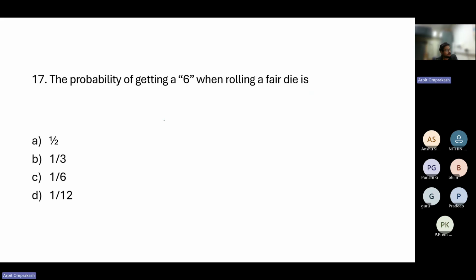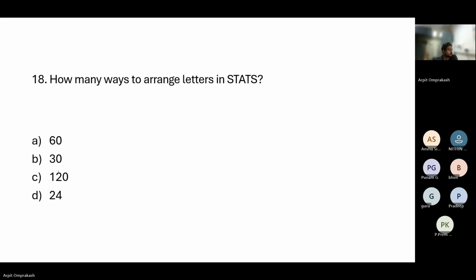Next question: the probability of getting a 6 when rolling a fair die is dash. This is a simple question. Yes, the answer is C, 1 by 6. The next question is how many ways are there to arrange the letters in the word STATS, S-T-A-T-S?